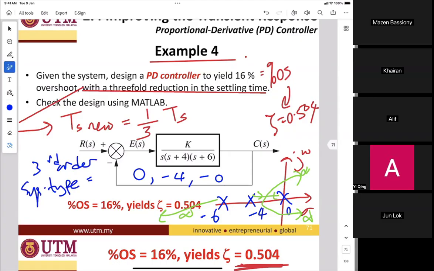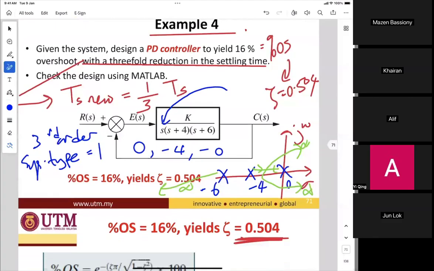Zero type, doctor. I'm afraid the answer is wrong. You have to look at the denominator. Oh, first type. System type 1. Not first type. Third order, system type 1.